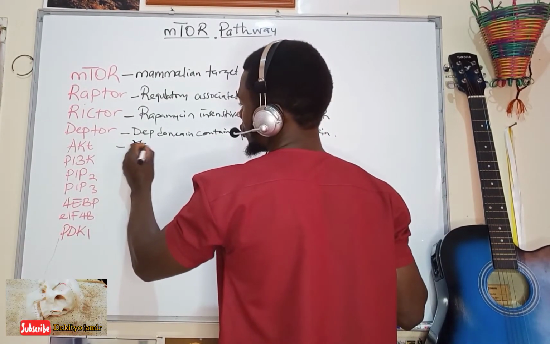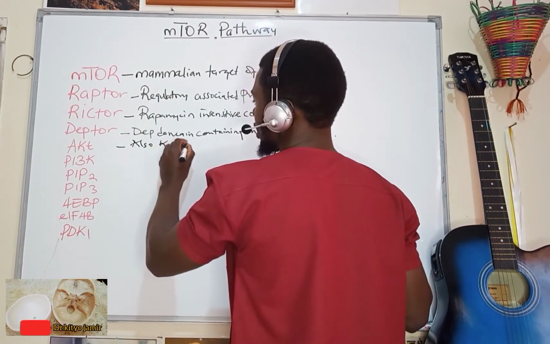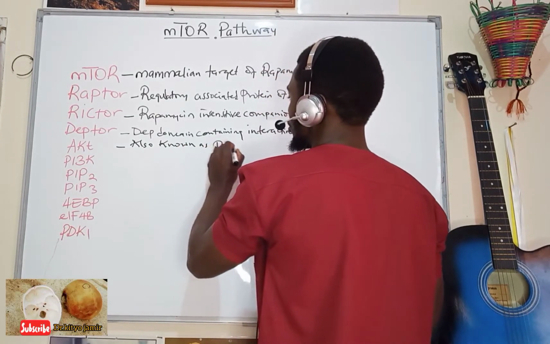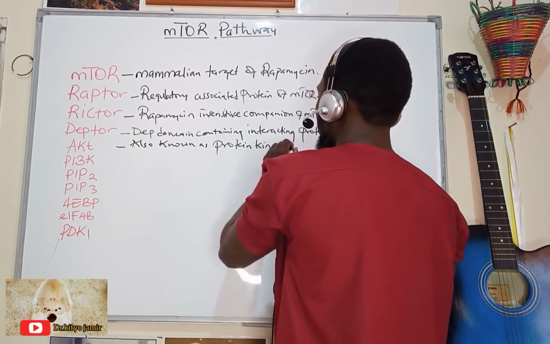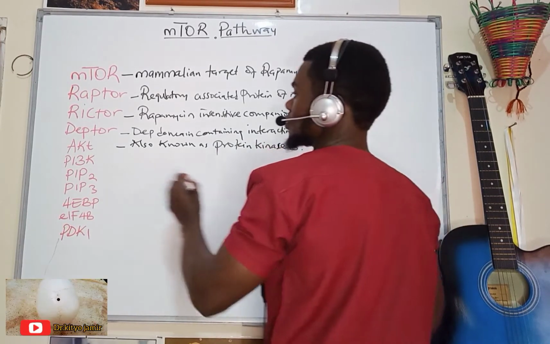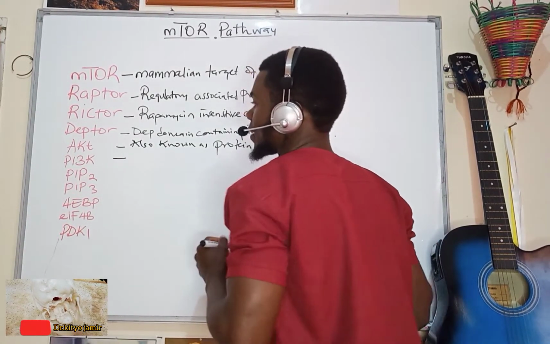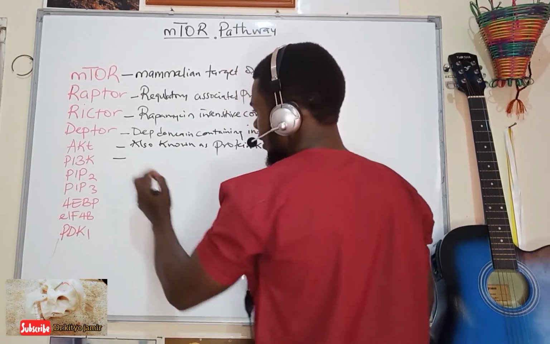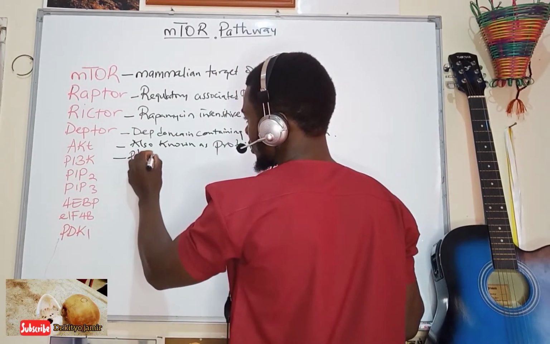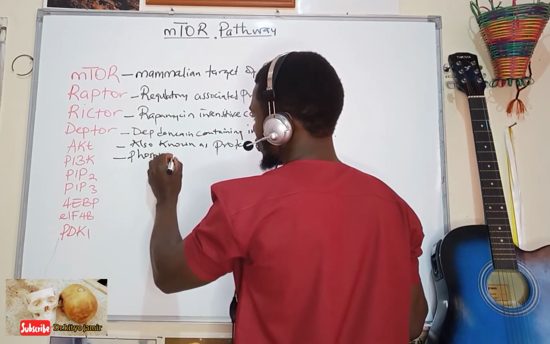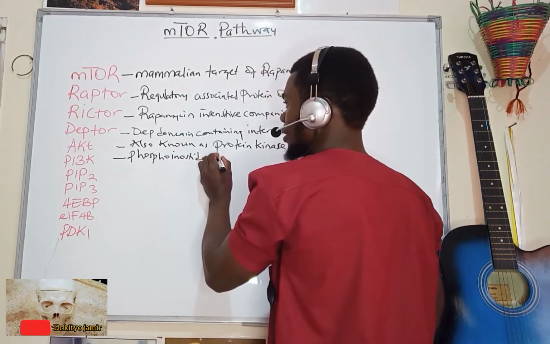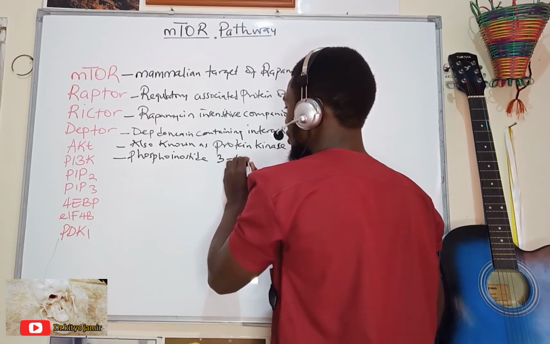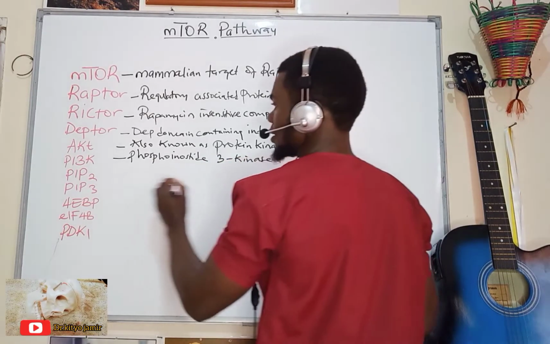AKT is also known as protein kinase B. PI3K is phosphoinositide 3 kinase.